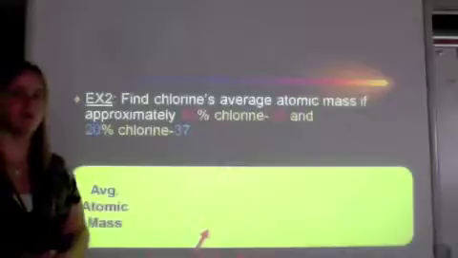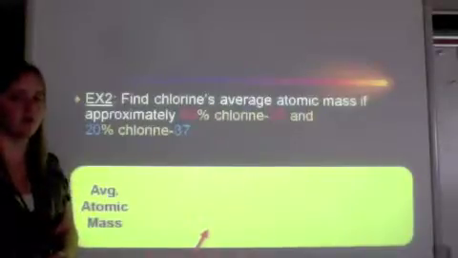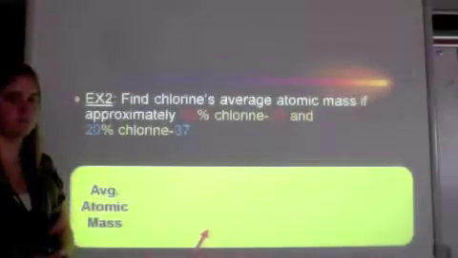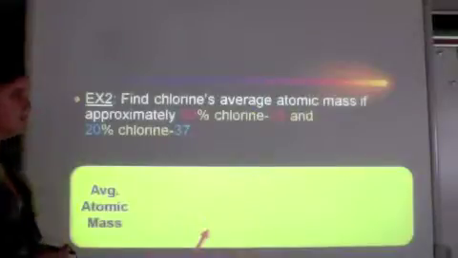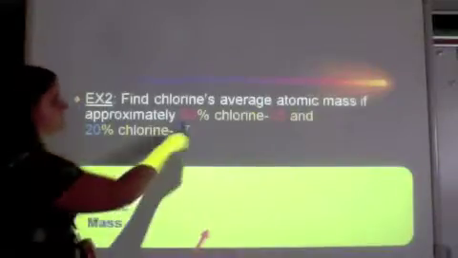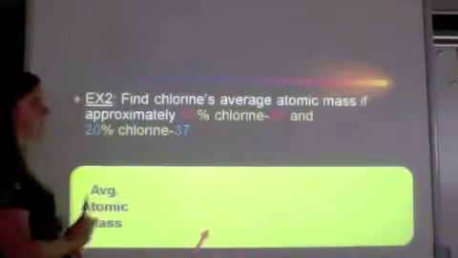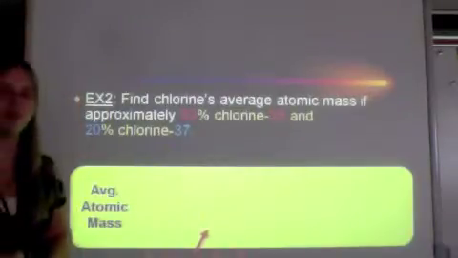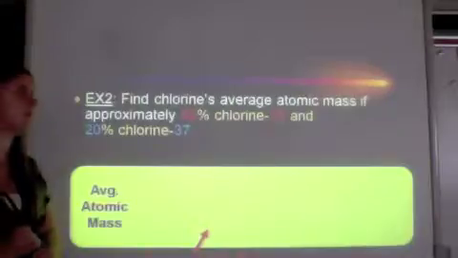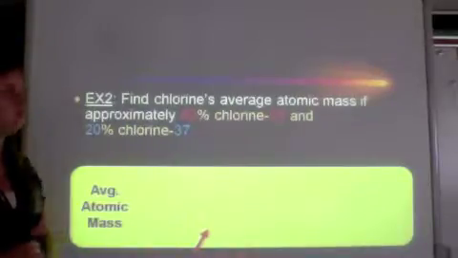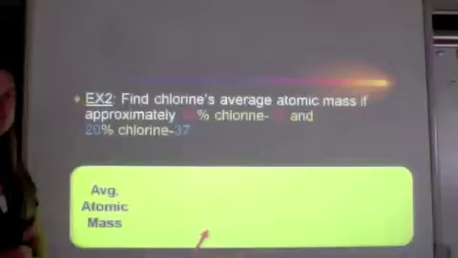Pause the video and take a second to try the next example on your own. Okay, so you're going to do 80% times 34 plus 20% times 37. Now, before you even do the math, you should be able to estimate about where your number is going to be. Which isotope do we have the most of?